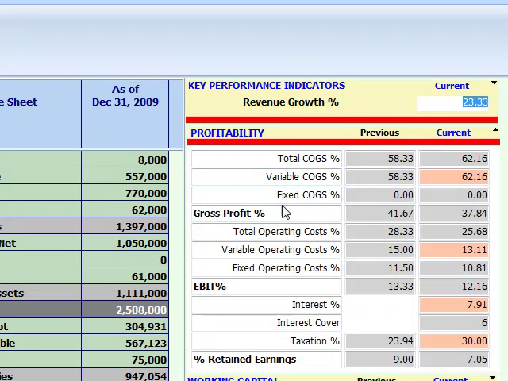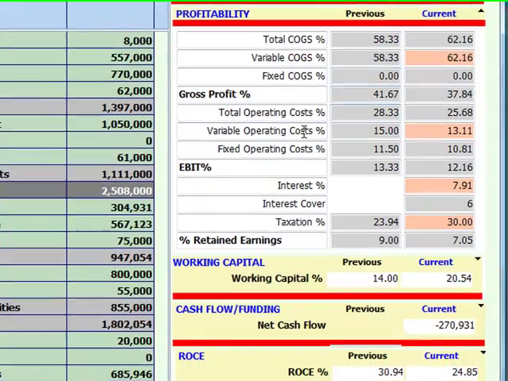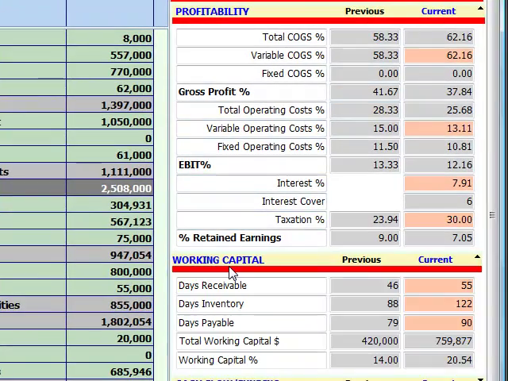From a profitability or income statement management viewpoint, our gross profit is generating 37 cents per revenue dollar. Okay, so every day we have this revenue dollar, we generate on average, this is just on average, 37 cents per revenue dollar. Now, how do we look at the balance sheet?